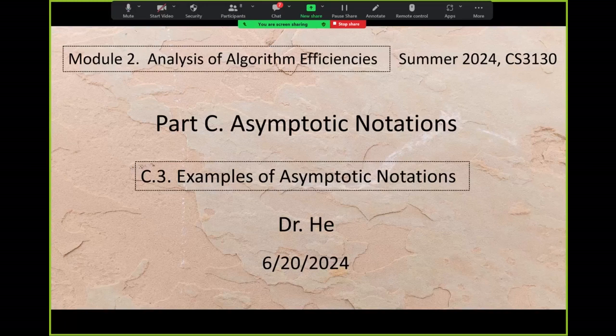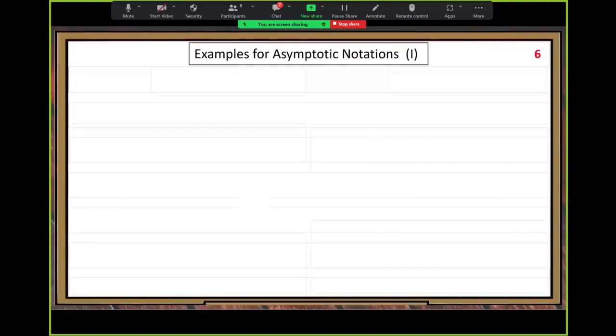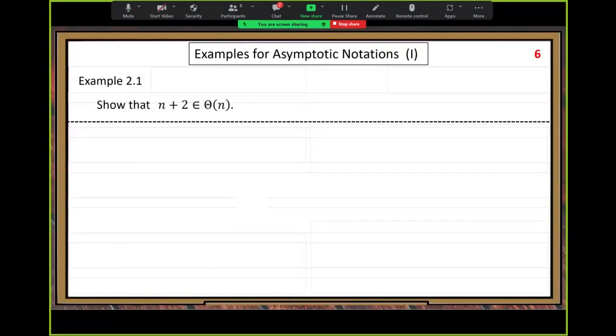Asymptotic notations. We do some exercises related to the definition. The first one is very simple: f(n) equals n plus 2.